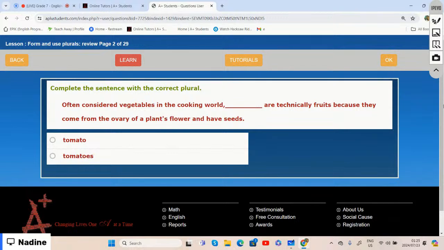All right, so we can say often considered vegetables in the cooking world. Do we say tomato or tomatoes are technically fruits because they come from the ovary of the plant's flower and have seeds?